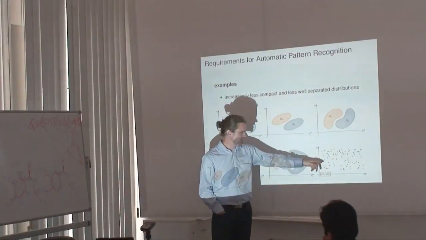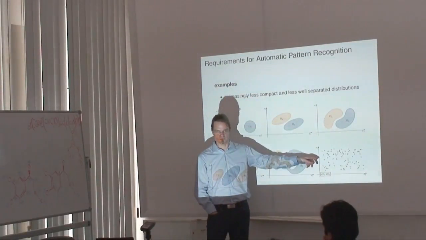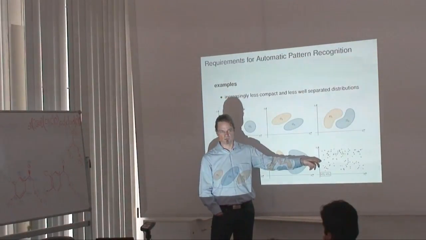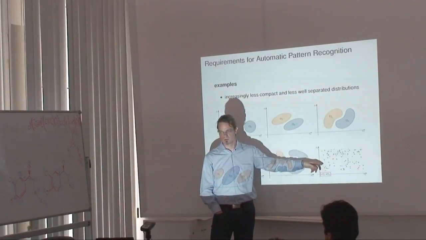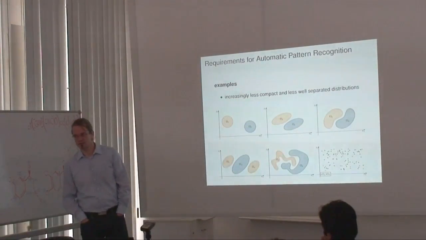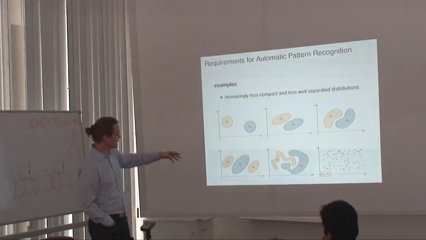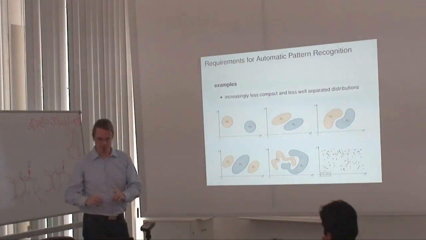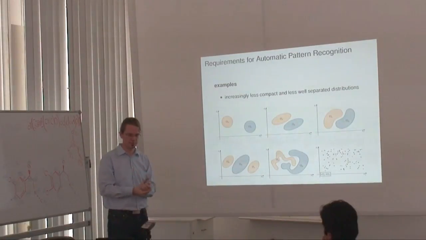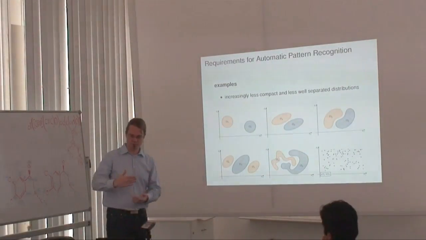Whereas here, for instance, I can forget about the idea of finding a linear classifier. Maybe I should use a so-called nearest neighbor classifier, or some support vector machine or something like that. Just from looking at the visualization of the data we are dealing with, we can decide what kind of approach to use.